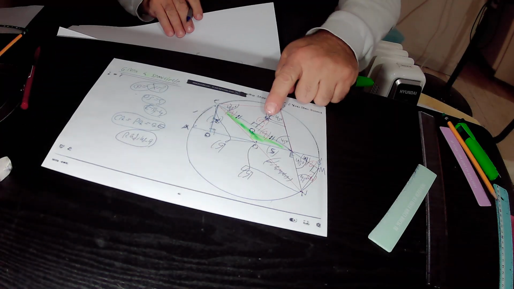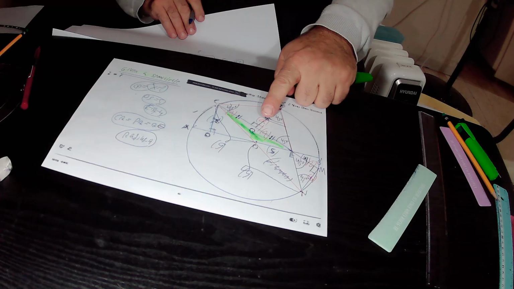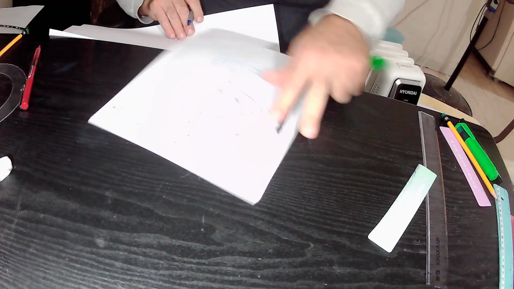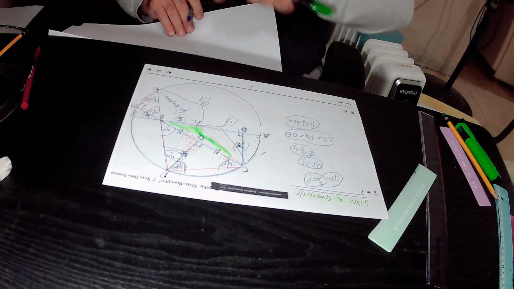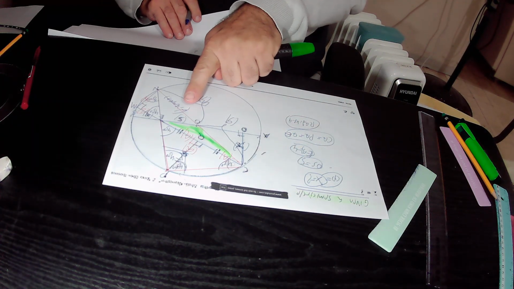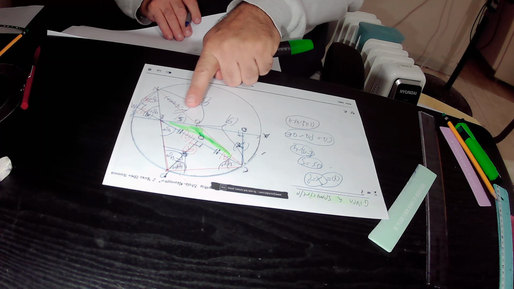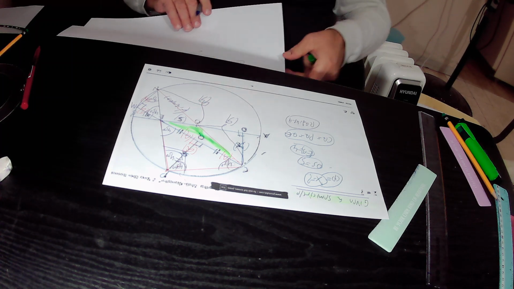So the area of this green triangle COE equals the base of the triangle times the height over 2. We choose the base of this green triangle COE as OE.